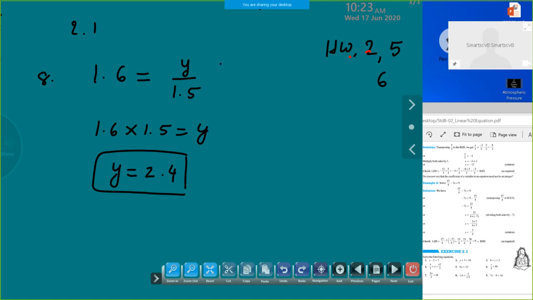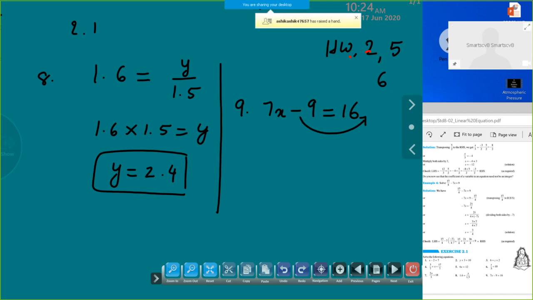Now let's go to the ninth sum. Ninth question is 7x minus 9 is equal to 16. So you have combinations of multiplication as well as addition here. So just look at the number. How do we do it? So first you bring the 9 to the other side. It is minus 9.